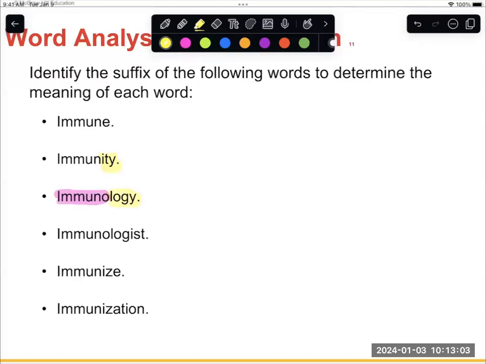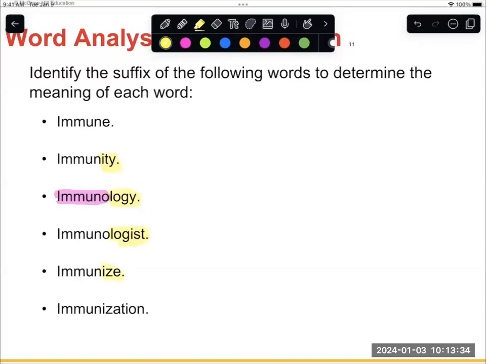Immunologist, that suffix, logist, these are the people who study or specialize in immunology. Immunize, eyes is that suffix, which means to protect from disease.